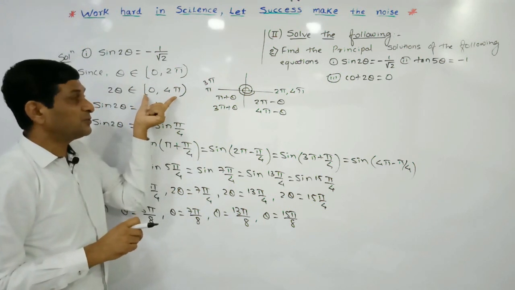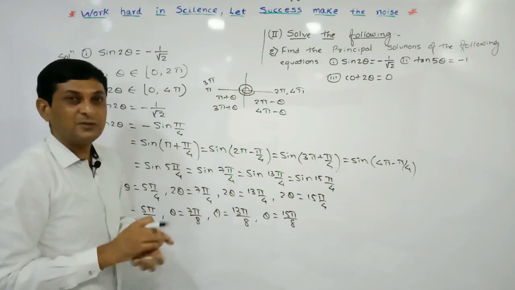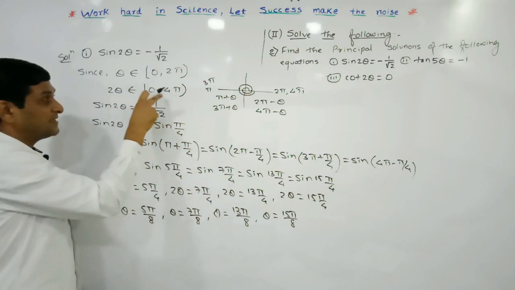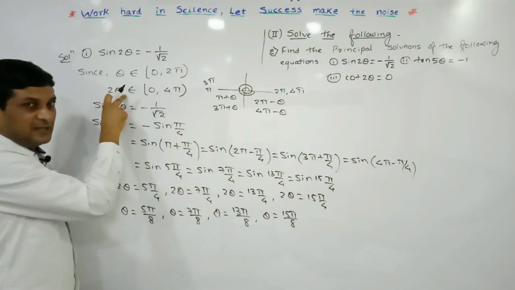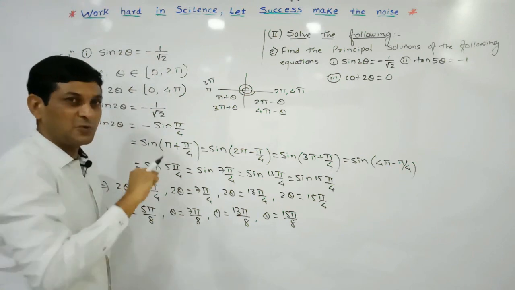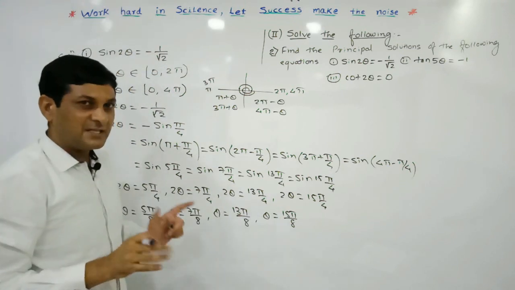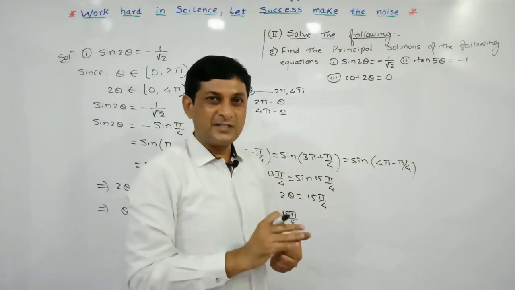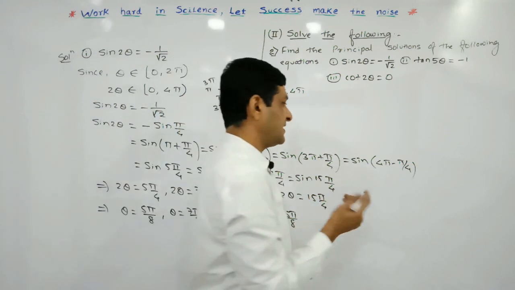You might think that principal solutions do not lie in 0 to 4 pi, so definitely it does not lie in this interval. But this is the value of 2 theta. 2 theta lies in this interval, which means theta lies between 0 to 2 pi. All these values lie between 0 to 2 pi. That's why we can say that it is the principal solution of the given trigonometric equation.